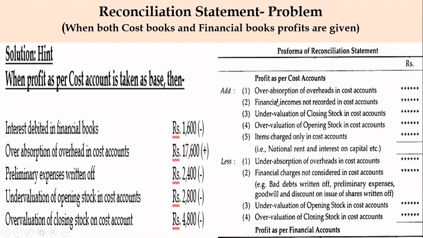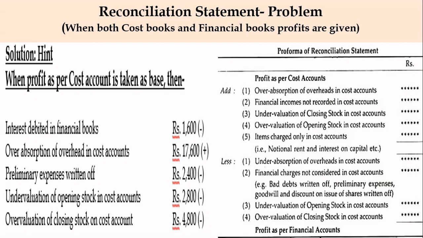So as I said earlier, when you take profit as per cost accounts, all incomes, gains, credits are to be added, and overvaluation of opening stock and over absorption of overheads, or overvaluation of overheads in cost accounts should be added, and expenses charged only in cost accounts and not in financial accounts should be added here.